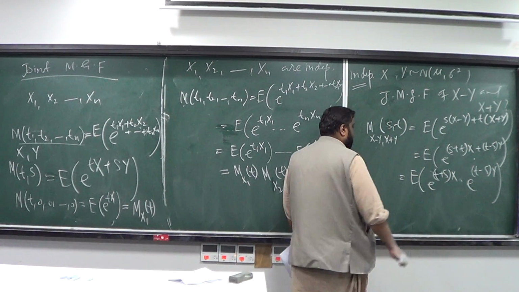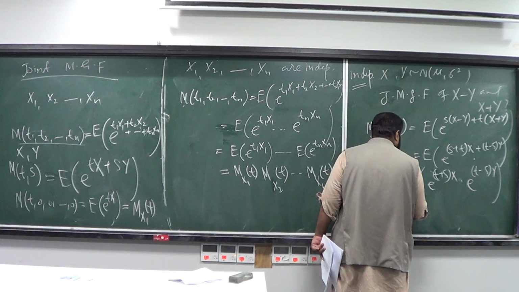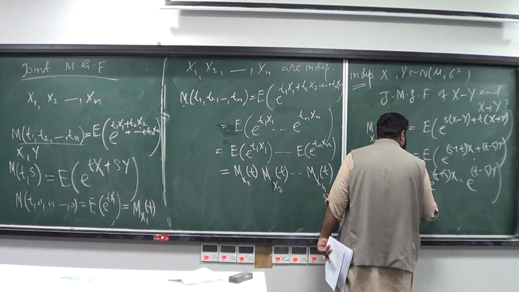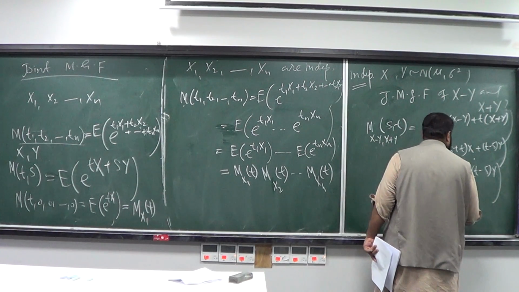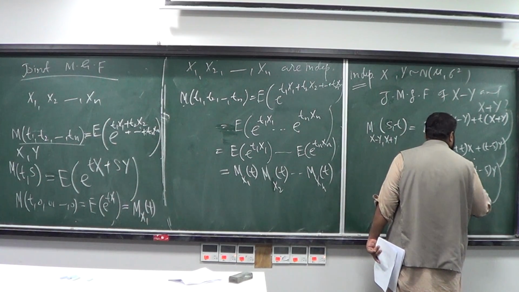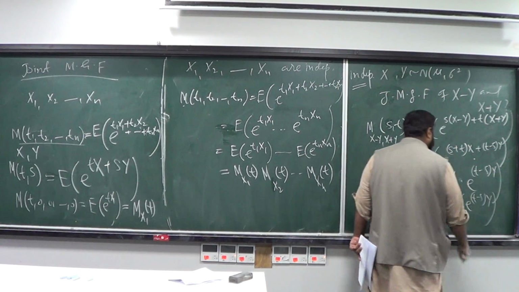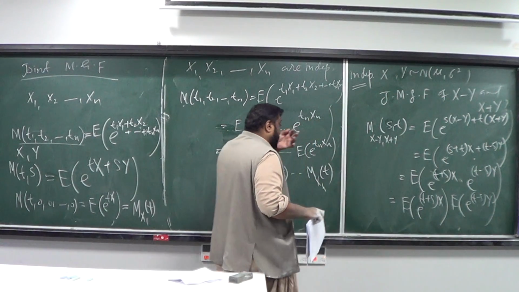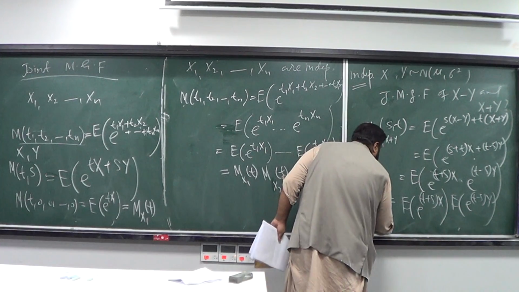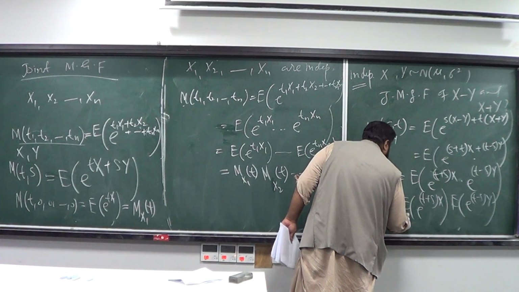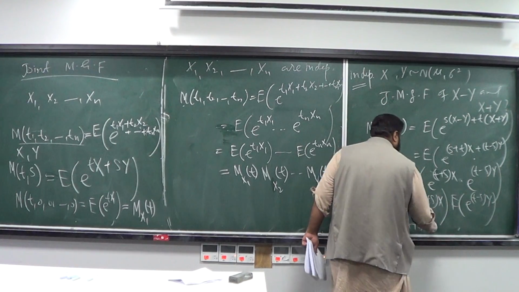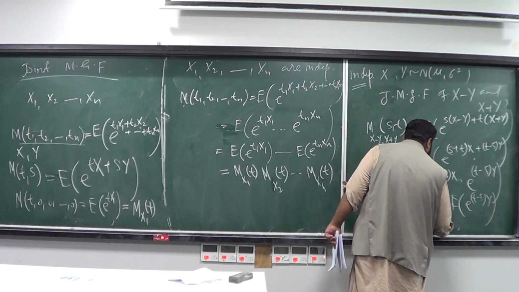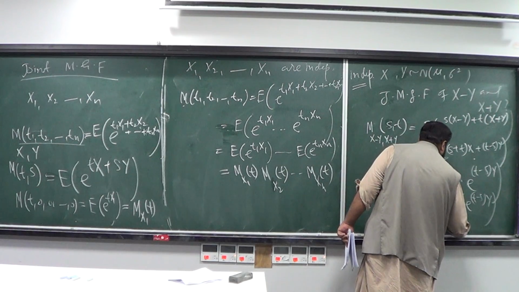And by the same argumentation, since x and y are independent, this is the same as the expectation of e to the t plus s x times the expectation of e to the t minus s y. This is the same as the moment generating function of x at t plus s times the moment generating function of y at t minus s.